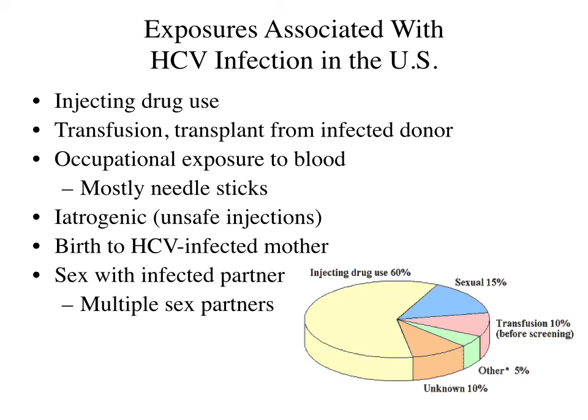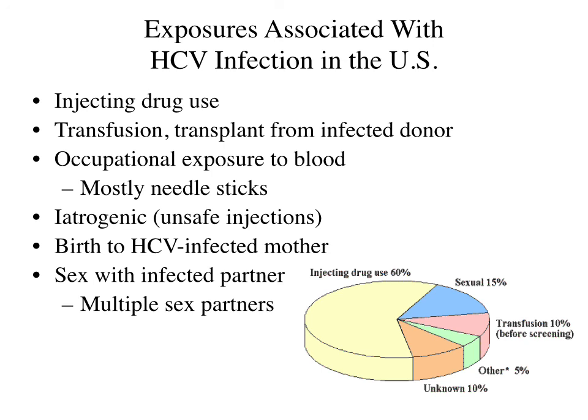Also, a child who is born to a hepatitis C infected mother can become infected, primarily through exposure to the mother's blood at the time of birth. And sex with an infected partner, particularly for individuals who have multiple sex partners, would be at risk.